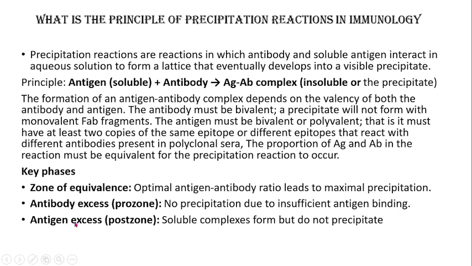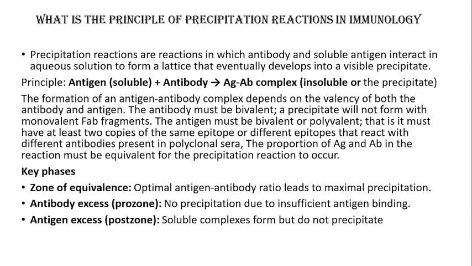But in the case of antigen excess, or the post zone, in the same way there will be no formation of the precipitate, because the antibody binding sites are saturated by the antigen.